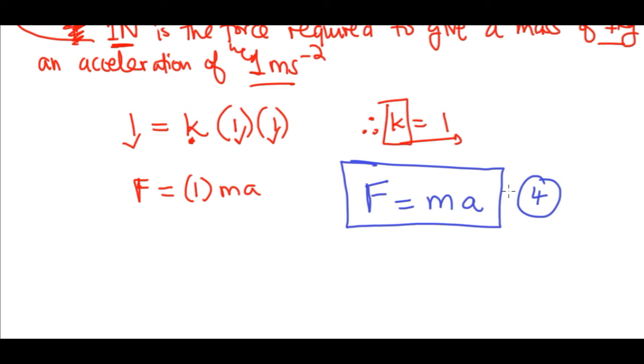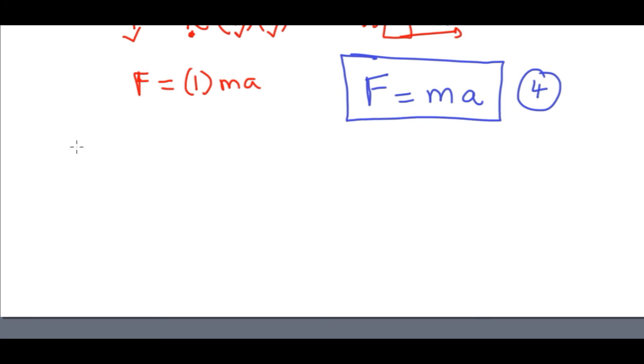Let's quickly look at an example here. It's saying if we have a mass of 200 grams acted on by a force which produces an acceleration. So M is equal to 200 grams. Our acceleration is equal to 4 meters per second squared. What is the force?